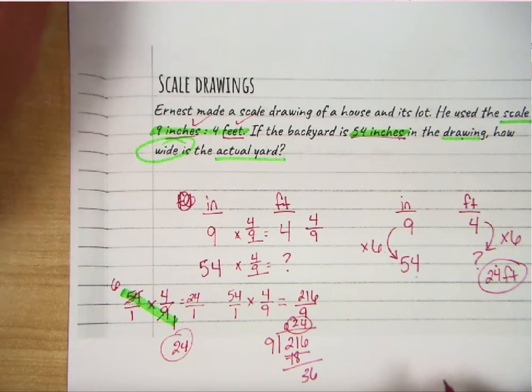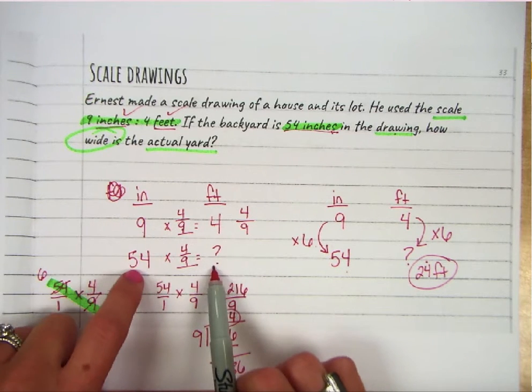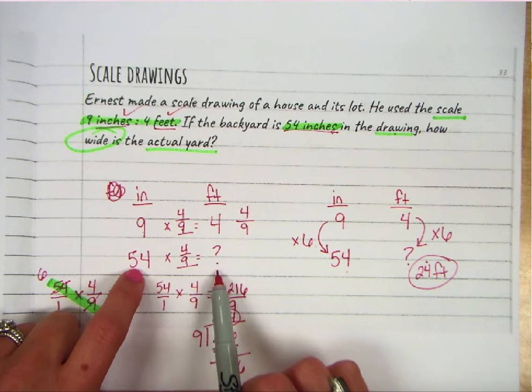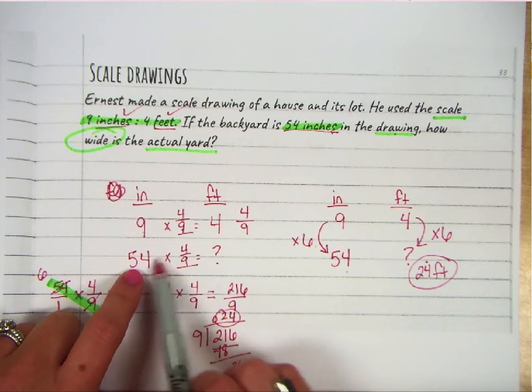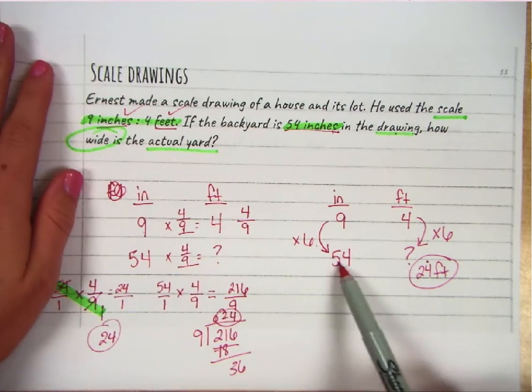Okay? So let's recap this before we move on. Fill in your information in your chart, your table, whatever you want to call it. You can find the scale factor, multiply, and then you can simplify that fraction. Absolutely perfect way to do it. Another way to do it is to fill in your table.